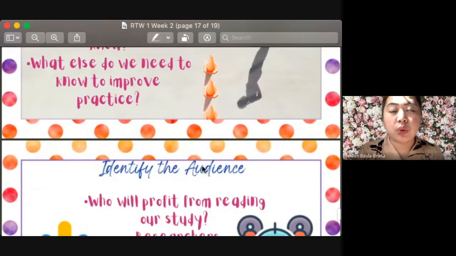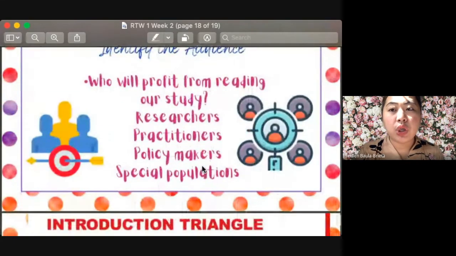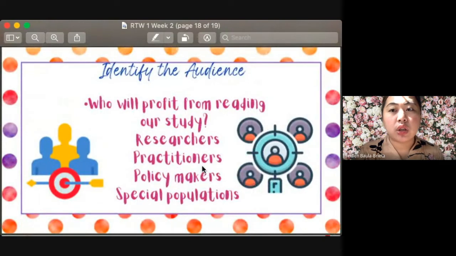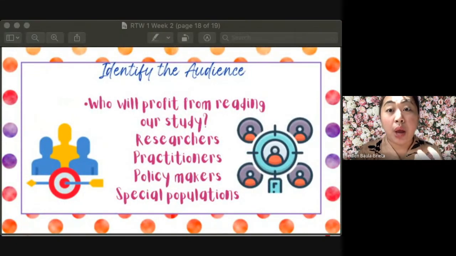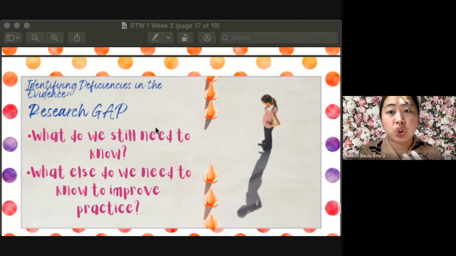And before you end your introduction, you are going to wrap it up by presenting how you will address this research gap.